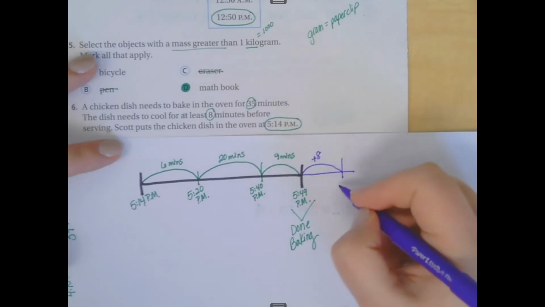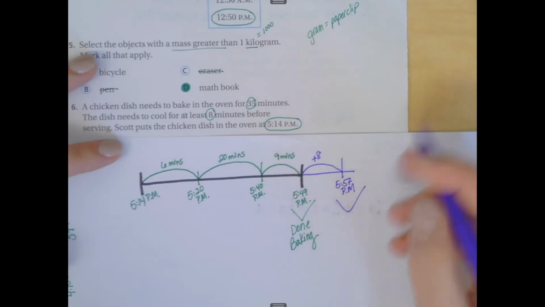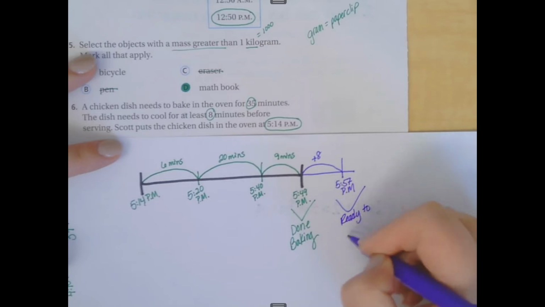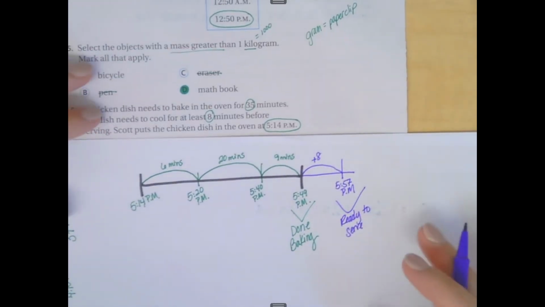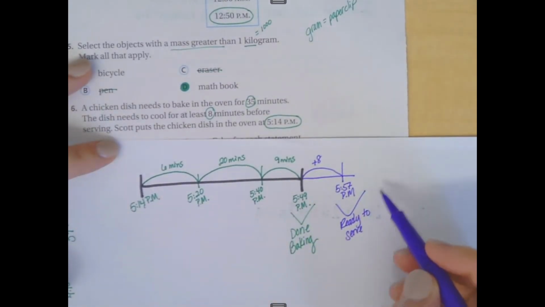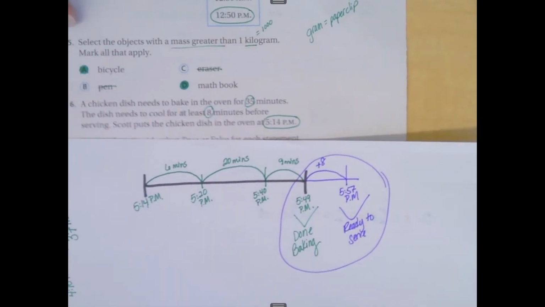And this puts us at 5:57 p.m. And this is ready to serve. Okay. All right, so now that we have these two very, very crucial numbers right here, let's look at our true and false.